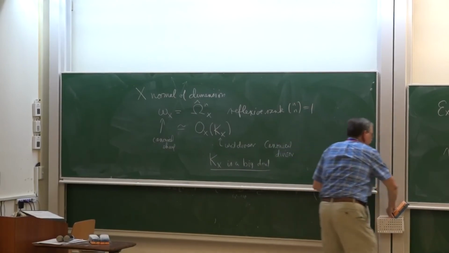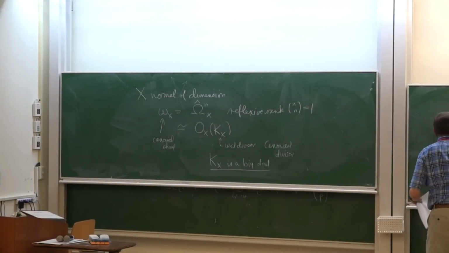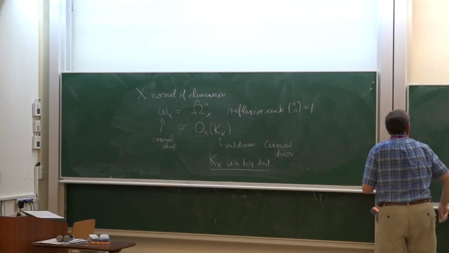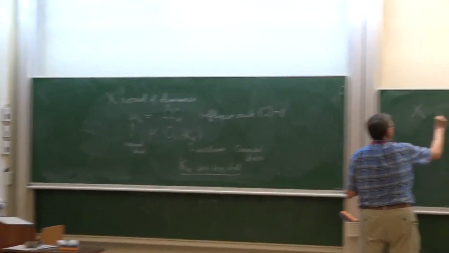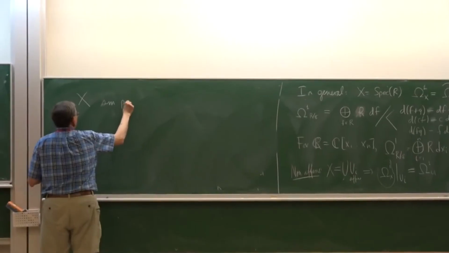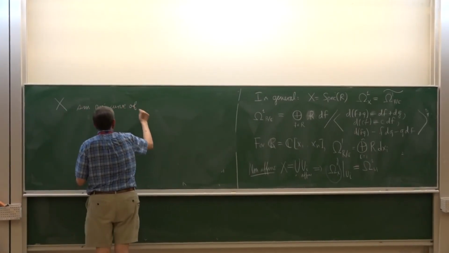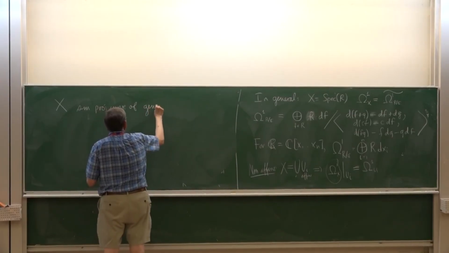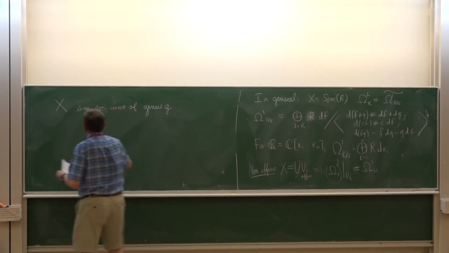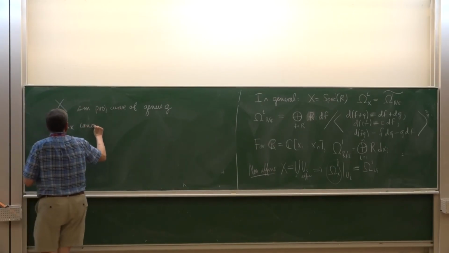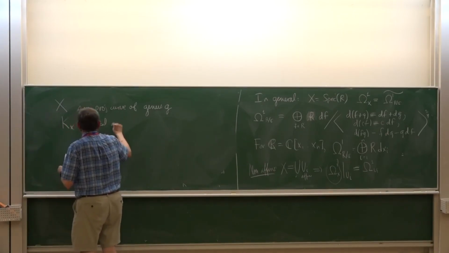And just to finish off, let me give one example for those of you who have seen something about Riemann surfaces. So a smooth projective curve of genus g has a canonical divisor.